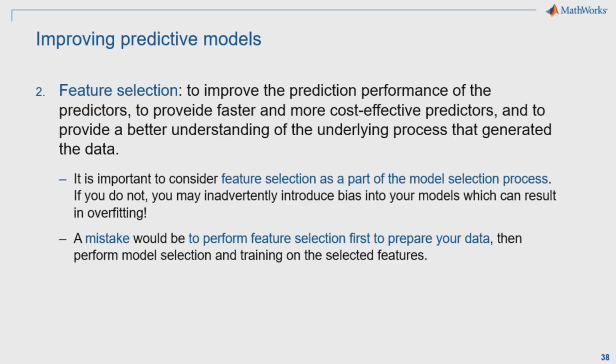Instead, what you typically have to do is divide your dataset at the beginning, and then your training set, or the part of your training set from which you decide to tune your model, should go under feature selection.